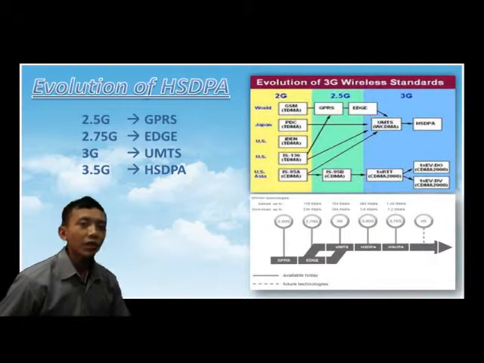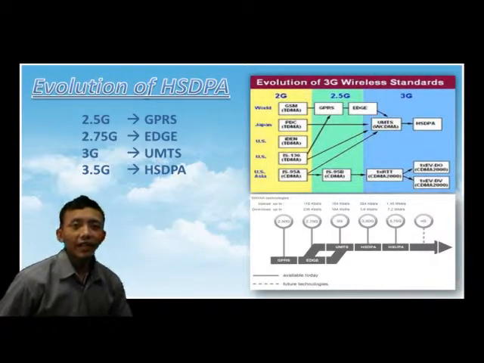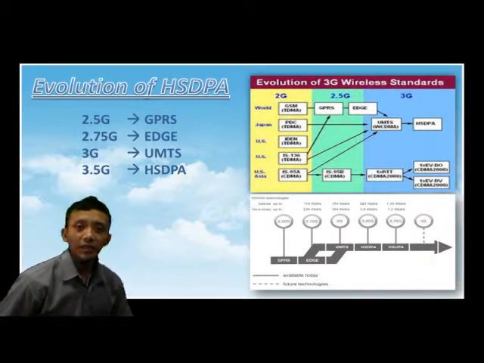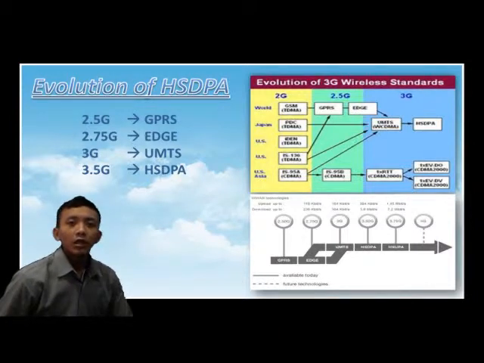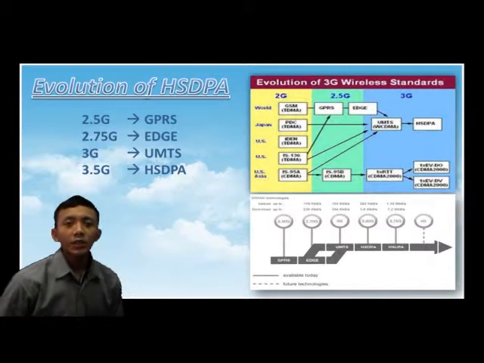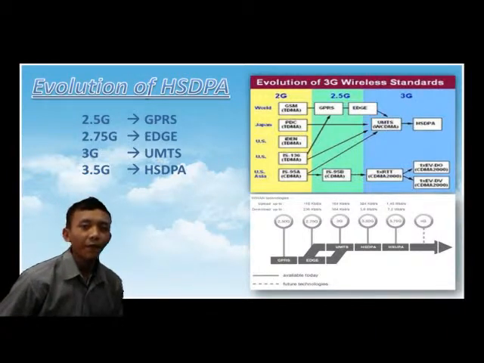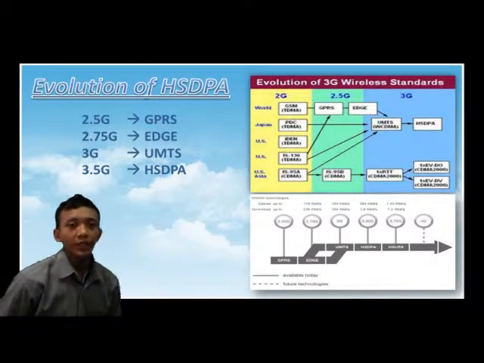Number 2 is technology 2.75G or EDGE, enhanced data GSM environment. The present network architecture stands on EDGE. It stands for enhanced data rates for GSM evolution. This is based on the GSM standard. It permits a faster data rate, and so it is an intermediate step from GSM technology toward UMTS.